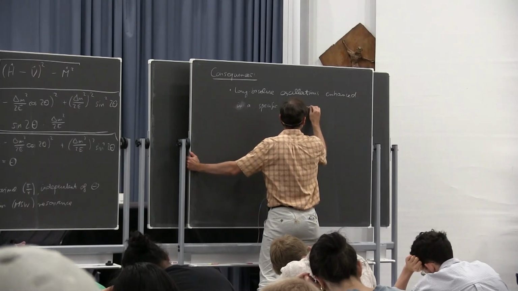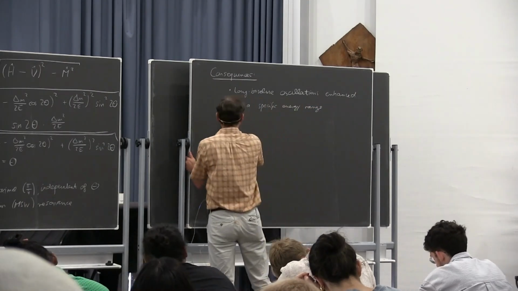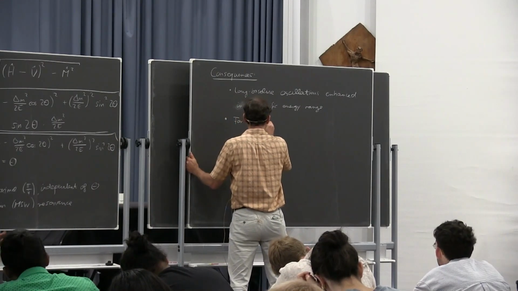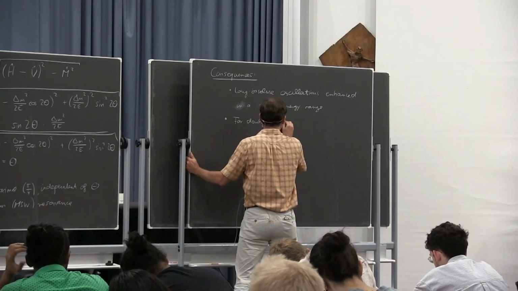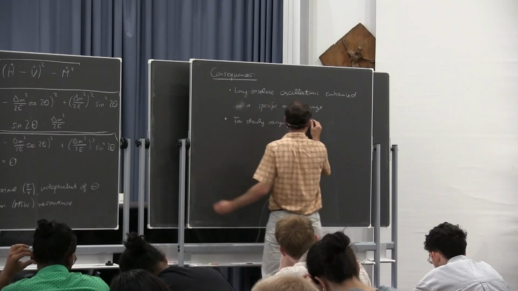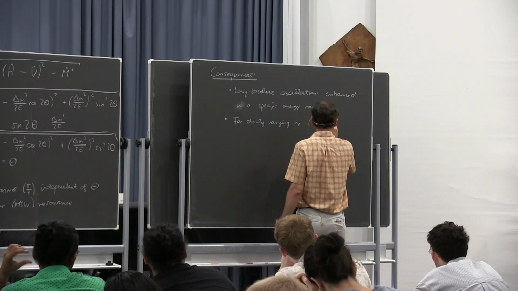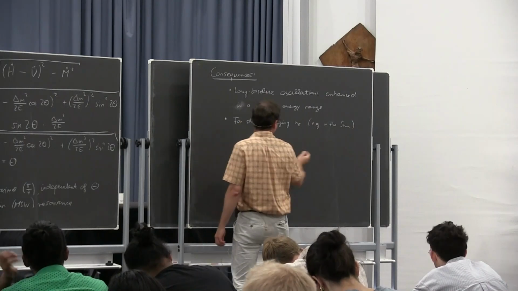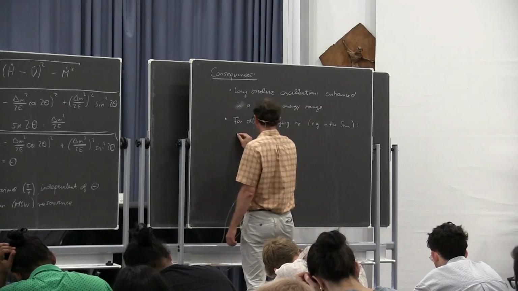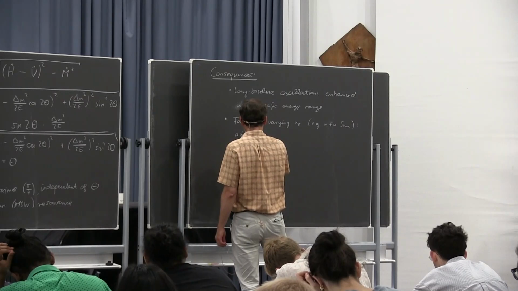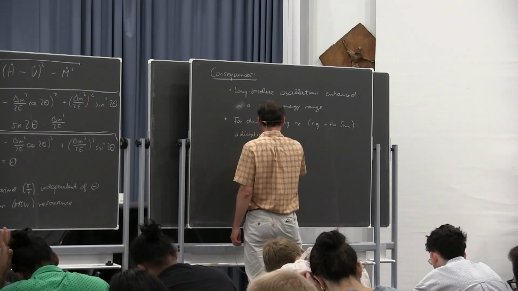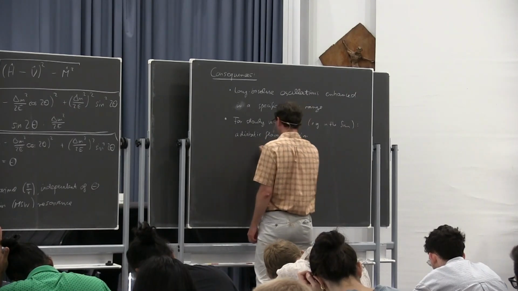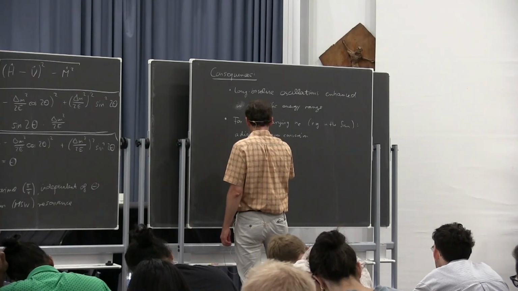And the second effect is that for slowly varying Ne, for instance in the sun, we have this adiabatic flavor conversion. And for that, see the exercises.